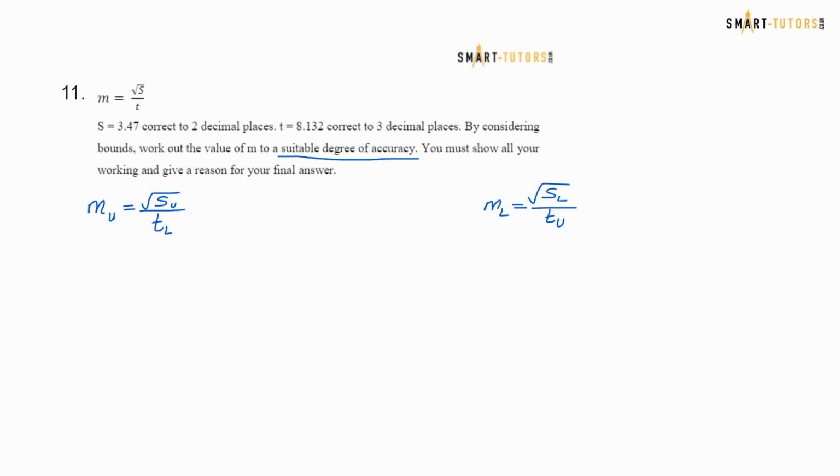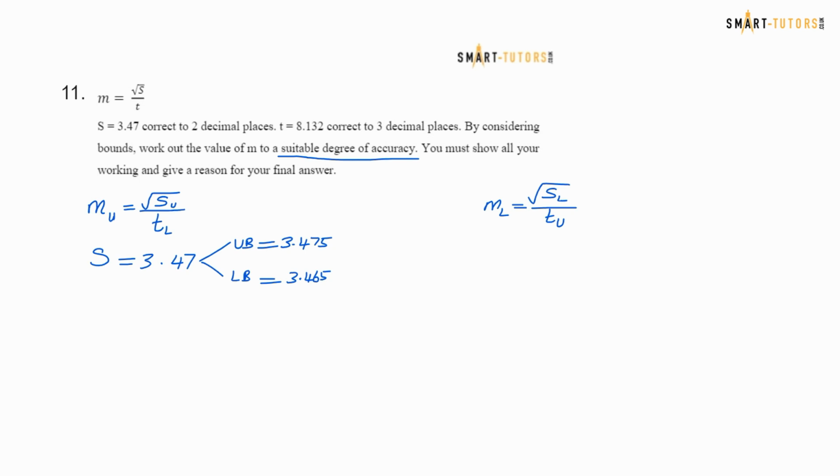at the final step. First of all, S is equal to 3.47. So we need to find the upper bound of S and the lower bound of S. The upper bound of S is 3.475, the lower bound is 3.465.